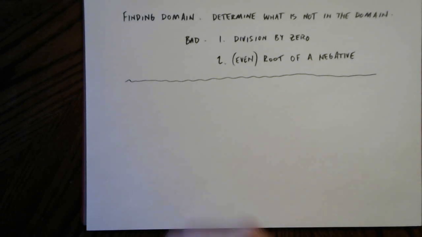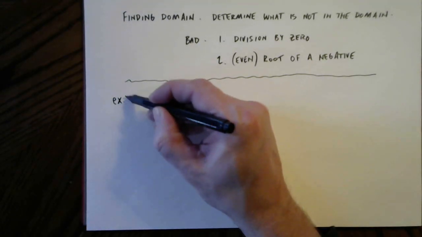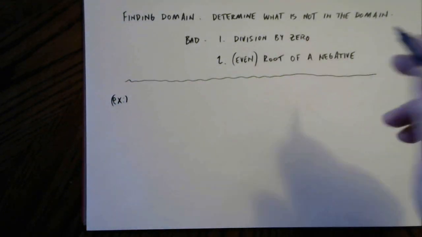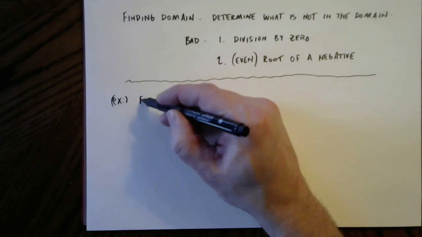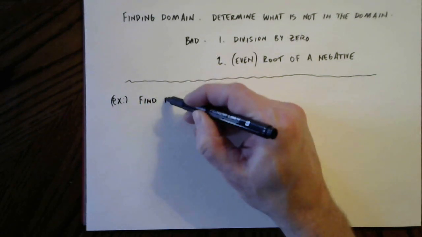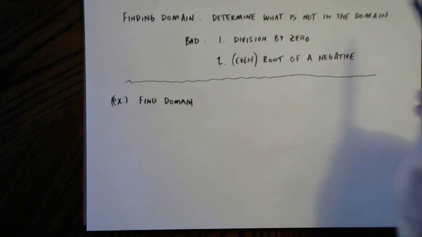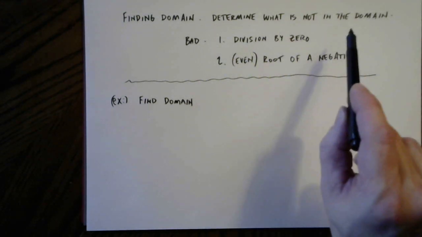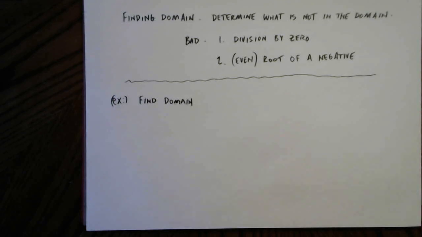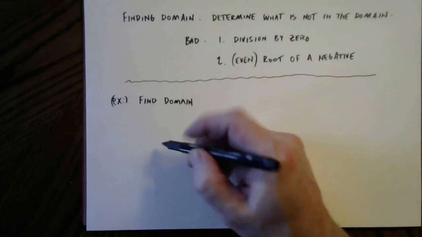So find the domain. I'll do 2 or 3 examples. The problem statement is simply find the domain, which means the real problem is we're going to find out what's not in the domain. So we'll start out with an easy one.